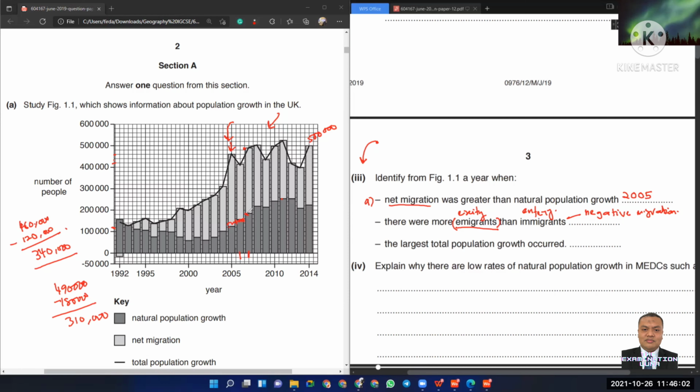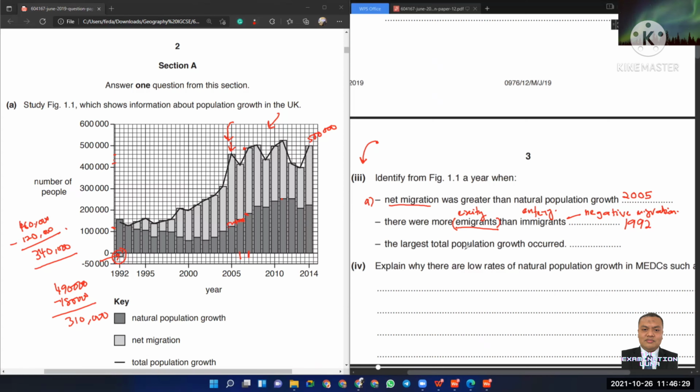Tapi kalau you ada banyak immigrants rather than immigrants, it means that it is a negative net migration. Therefore, you tengok dekat sini, the only years yang ada negative migration, negative net migration ni adalah pada 1992. So bila you tengok ada net migration yang duduk dekat carta negatif ni, bermaksud pada tahun itu lebih ramai orang keluar daripada orang yang masuk.